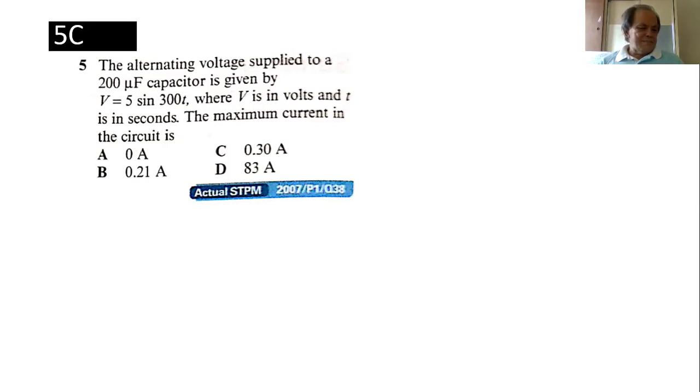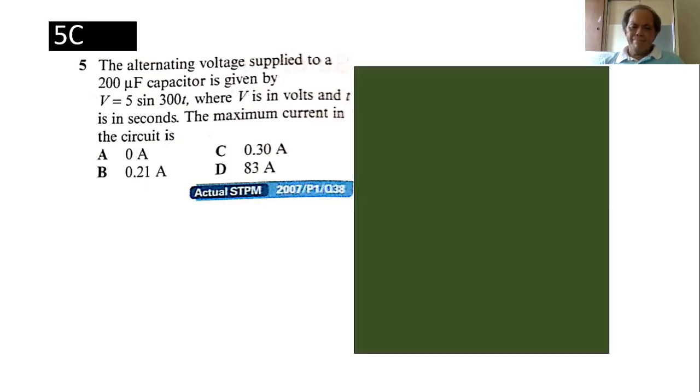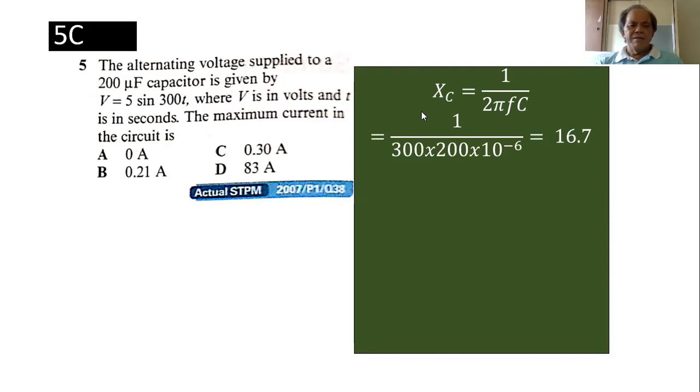Yep, what is the answer? Ken? What's the answer? Right? Find the reactance first. Remember the formula? 2 pi, omega, F is your this one, 300.